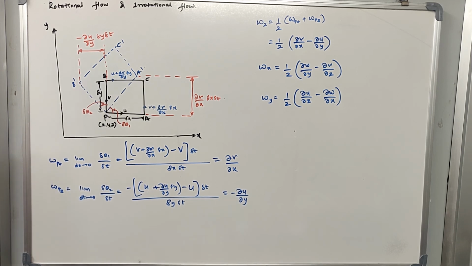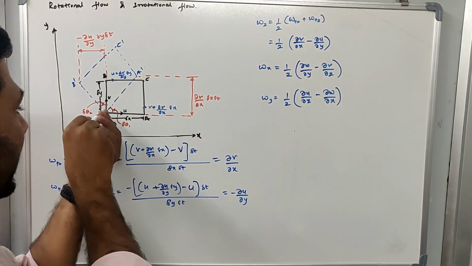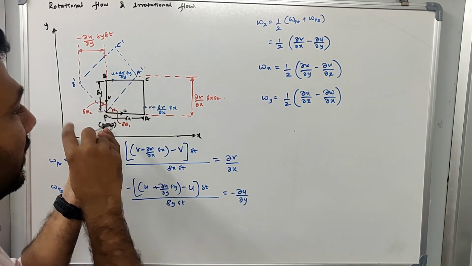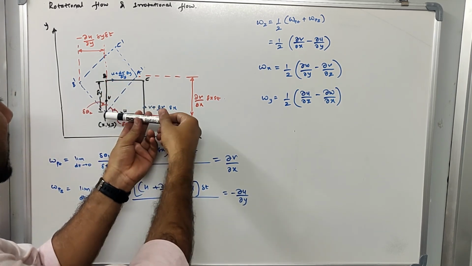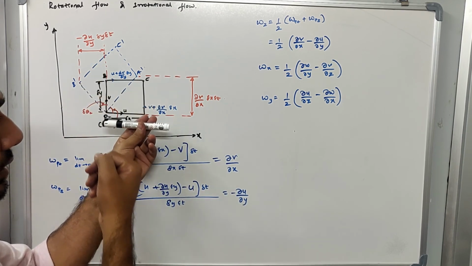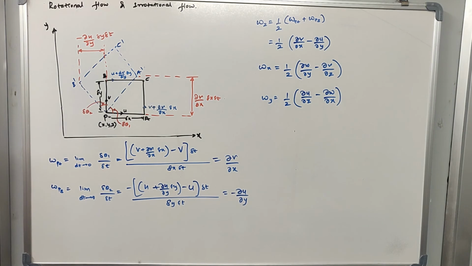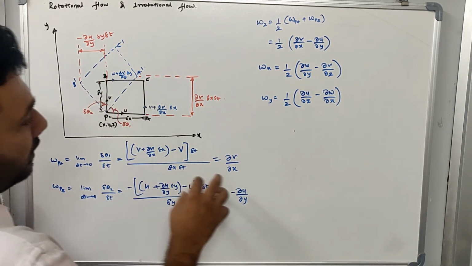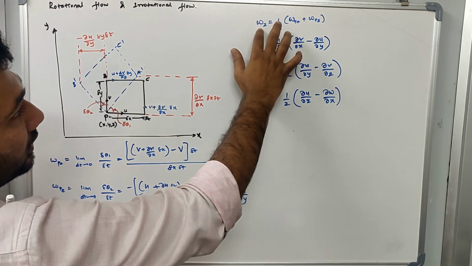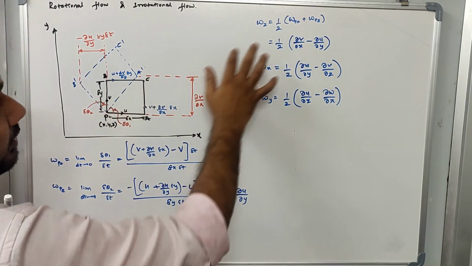If the rotation is taking place about the z axis, we define it in the x and y plane. If the rotation is about the x direction, the plane in which it is rotating is y and z. I told you this earlier also. That's why we have worked out the x direction and y direction, and hence the rotation component which we have calculated will be wz.